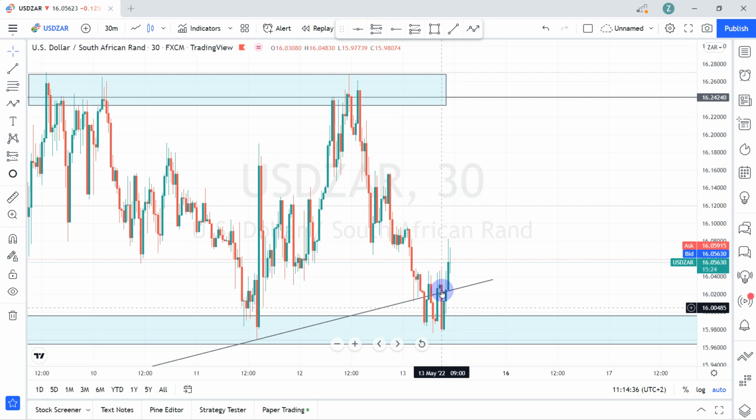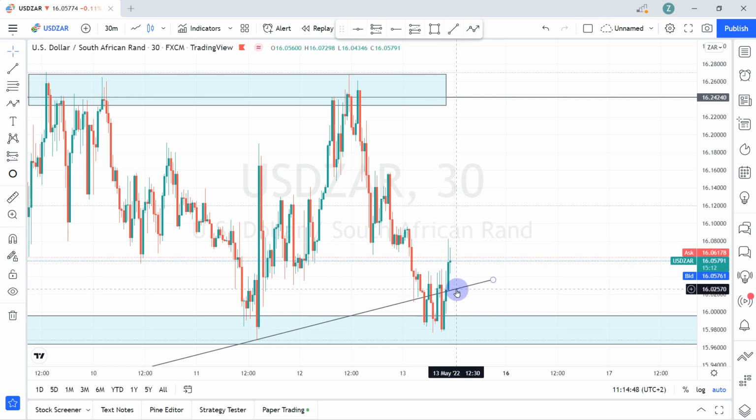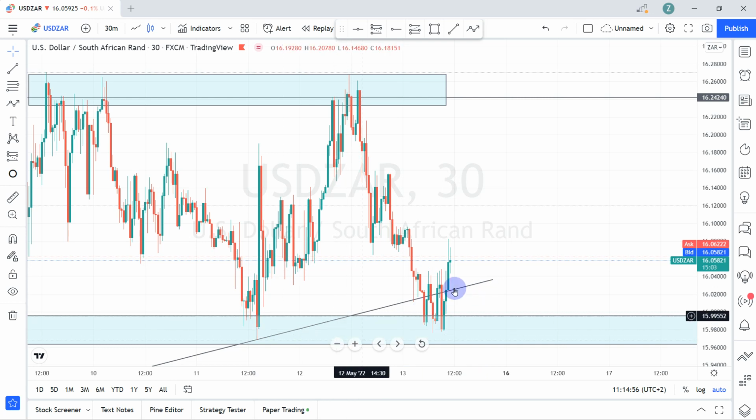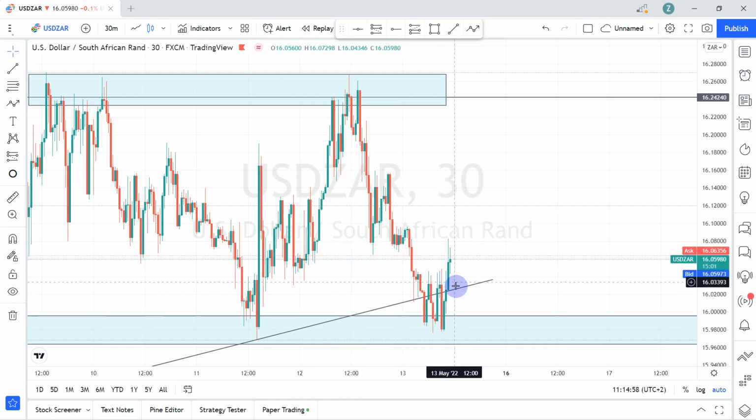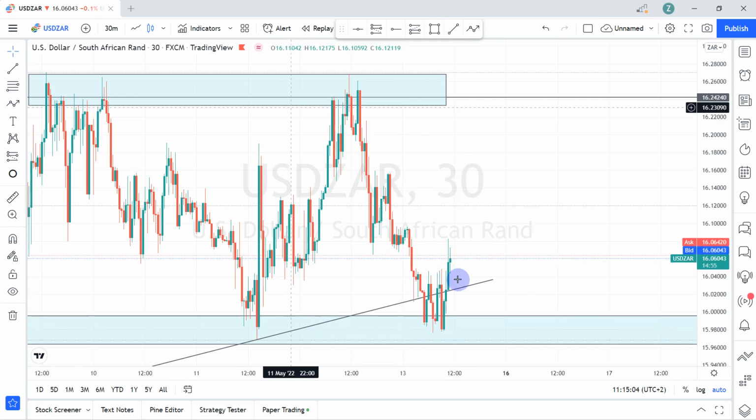So as you can see here, the market faked out and came back. When it broke out, it retested via a fake out twice. And here might possibly be a fake out of our trend line, meaning the market is actually still inside our trend line, and the market might buy.